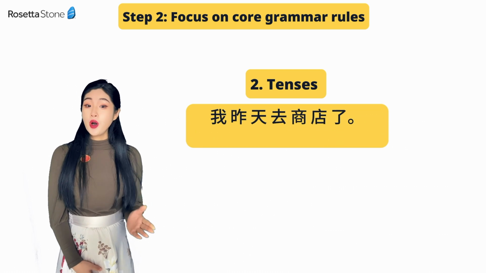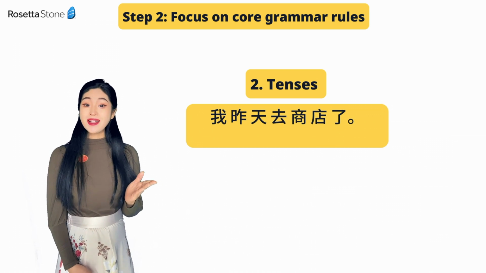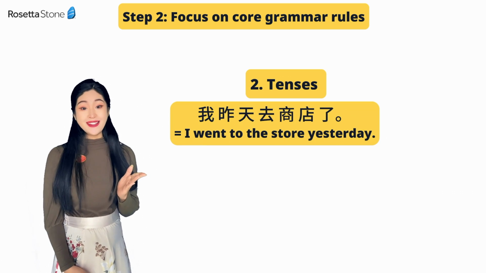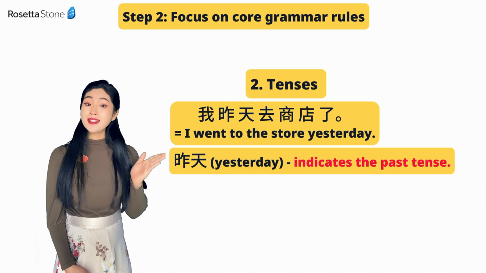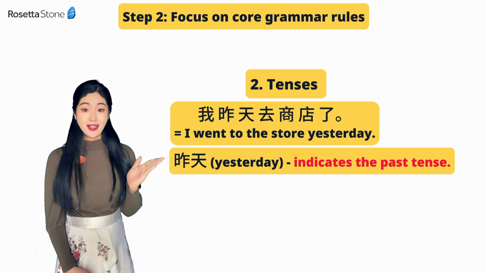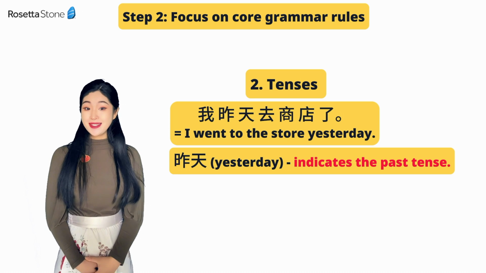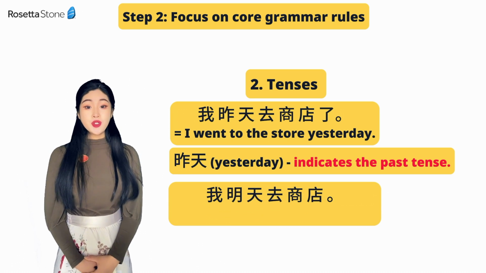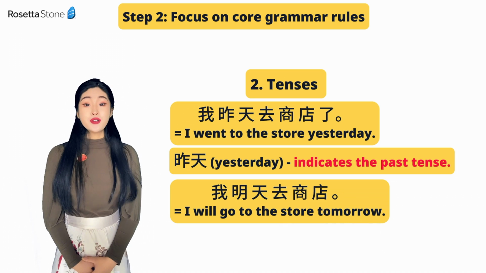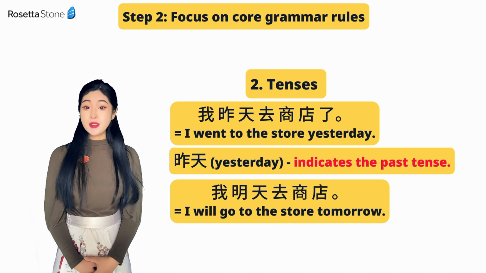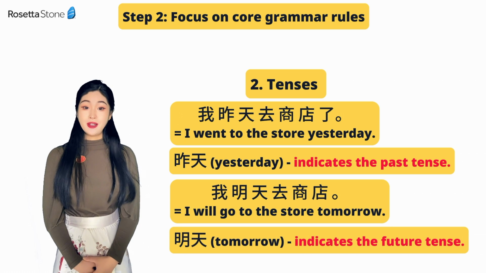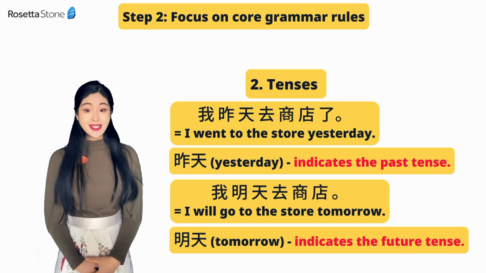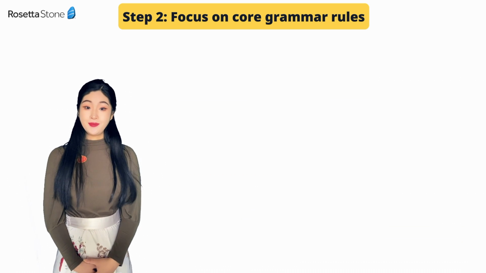Example, 我昨天去商店了 translates to I went to the store yesterday. 昨天, yesterday, indicates the past tense. 我明天去商店 translates to I will go to the store tomorrow. 明天, tomorrow, indicates the future tense.